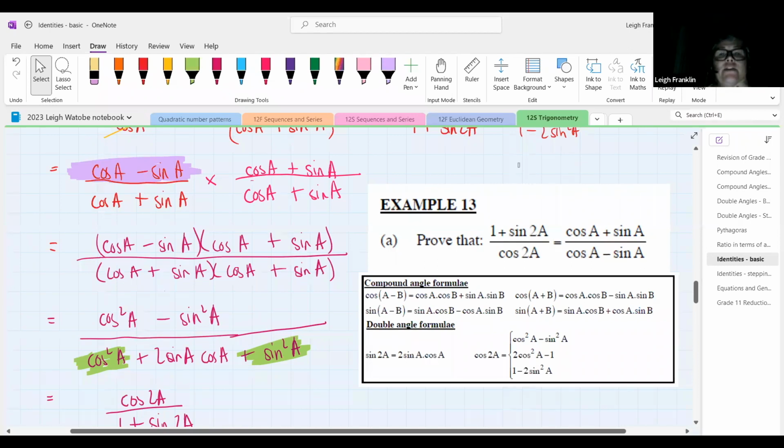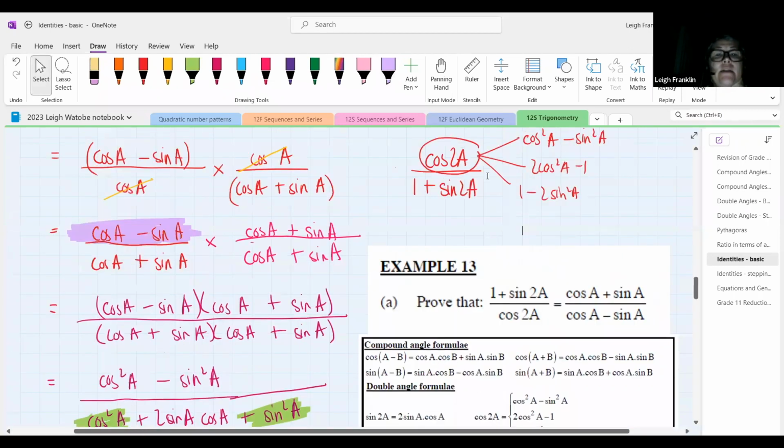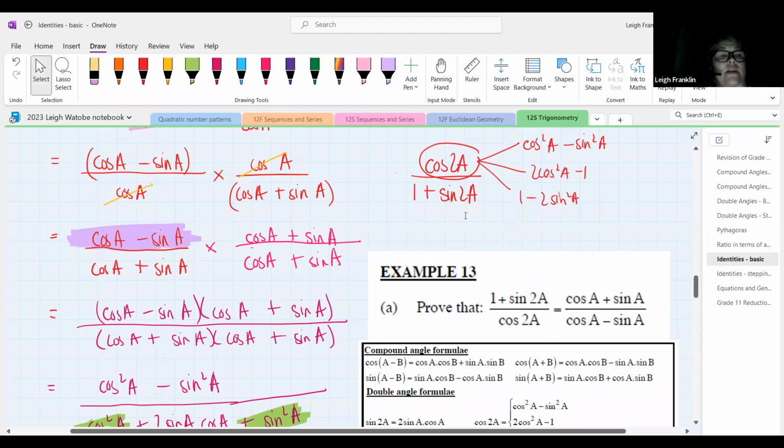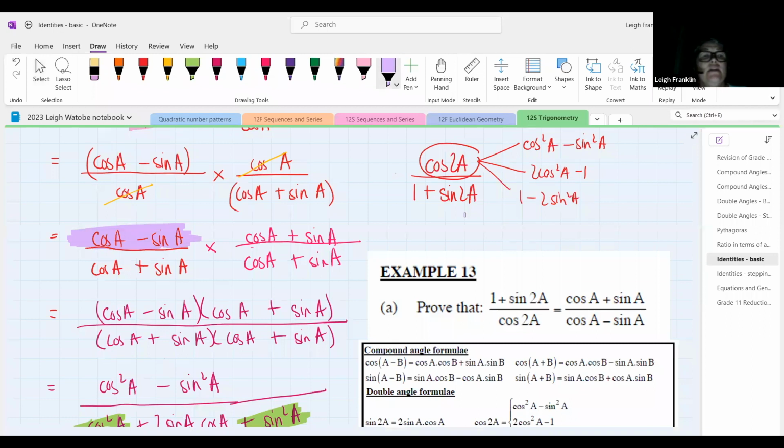So the idea is you are trying to create cos 2a in the numerator. You know that you can create cos squared a minus sine squared a if you multiply cos a minus sine a with cos a plus sine a, because that's a difference of two squares. That's what will help you create this cos 2a in the numerator. But you cannot multiply by cos a plus sine a at the top and cos a minus sine a at the bottom, because then the top and the bottom are different, so it's not equal to 1.